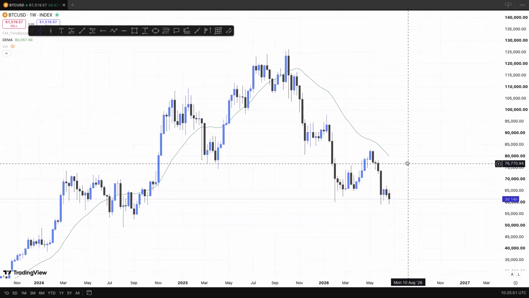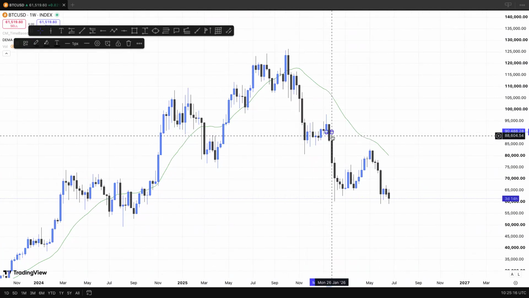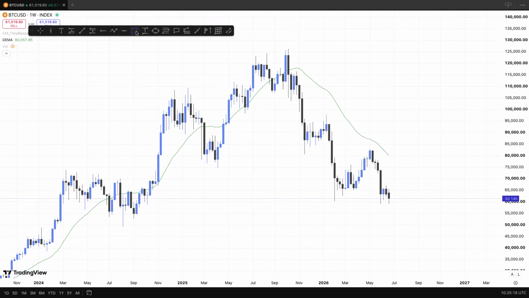On BTCUSD, we could see on the weekly time frame, BTCUSD is currently bearish. Yes, we are forming lower lows and lower highs. But we first have this supply here that price has to invalidate.